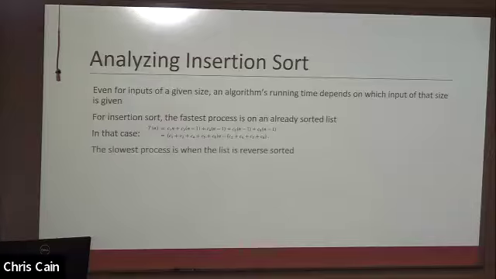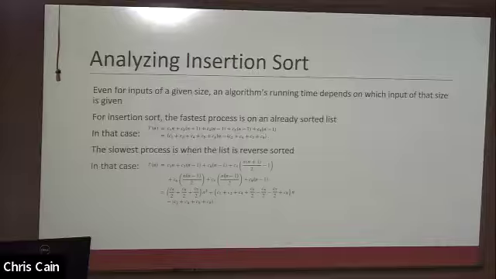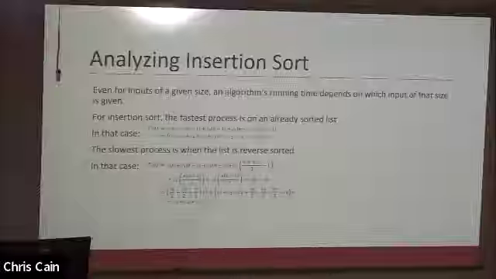If we make an assumption that the list is reverse sorted, we can plug in the assumptions for what happens, how many times we need to work with that T sub I. And we end up with something a little bit more complicated.